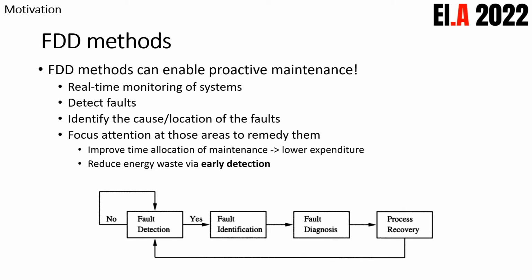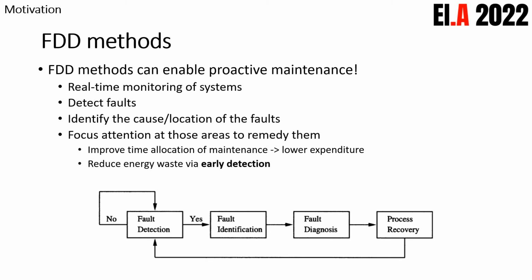So fault detection methods are able to alleviate these problems, like energy waste and discomfort, by enabling proactive maintenance. They do this by real-time monitoring of the systems, and then they can detect the faults via some method for fault detection, and then they can identify the cause and location of the faults via diagnosing the issue.